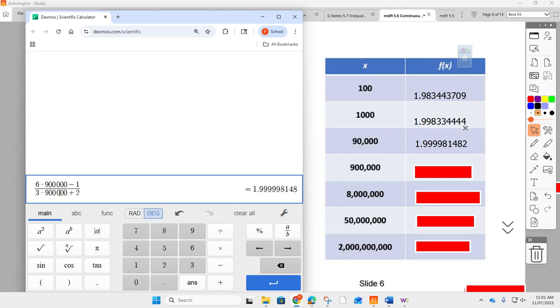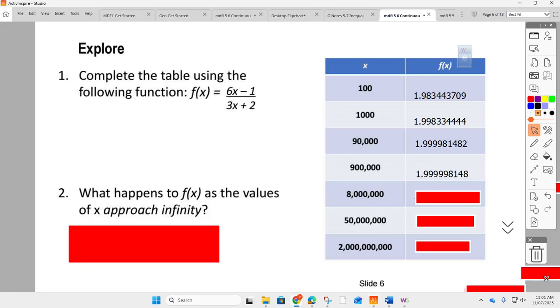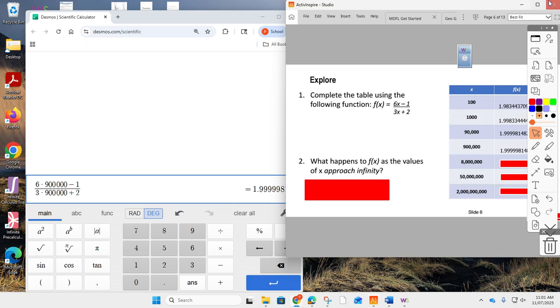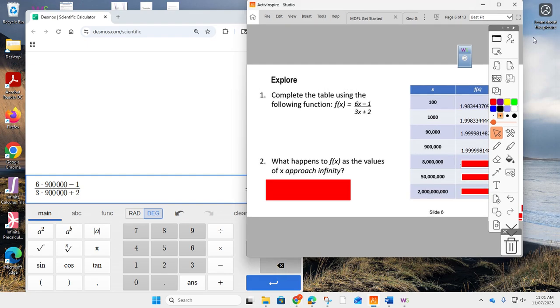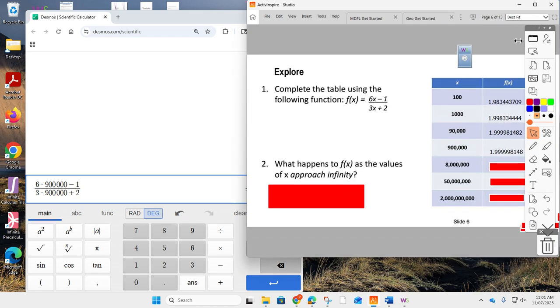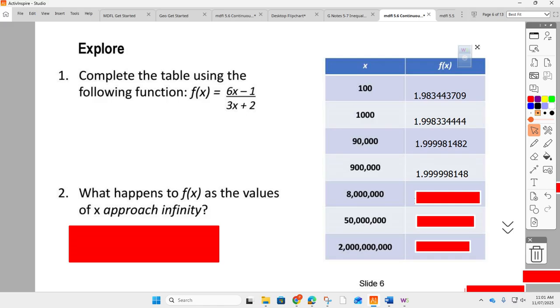So how are these outputs different than the outputs within the problem we just did? I couldn't hear you. What did you say? Right.